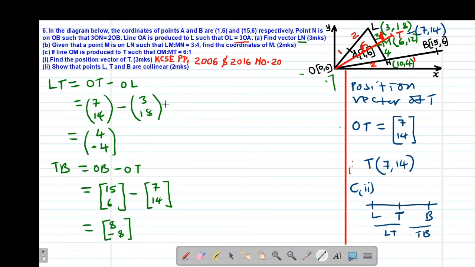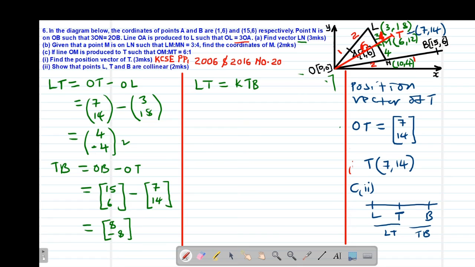Then I'm going to separate these two, so let me draw a line here to separate them. We'll take LT. It should give us a constant multiplied by TB for them to be collinear, that is, there must be a scalar multiple between these two.